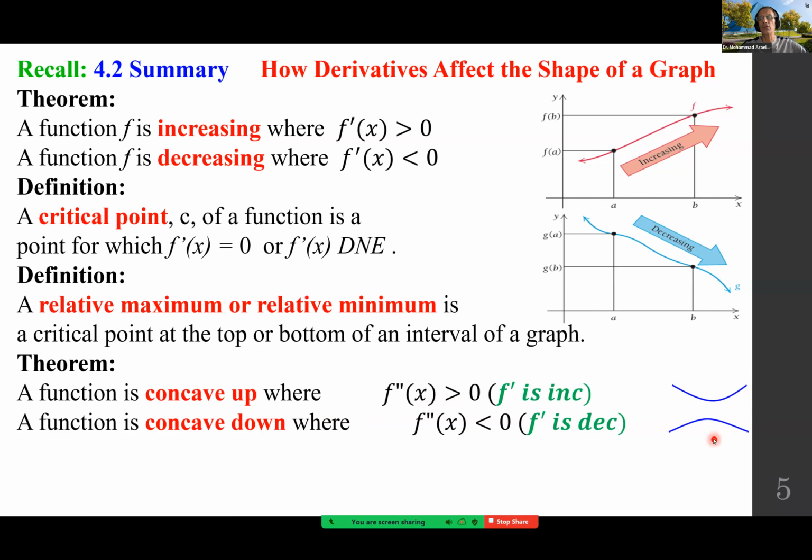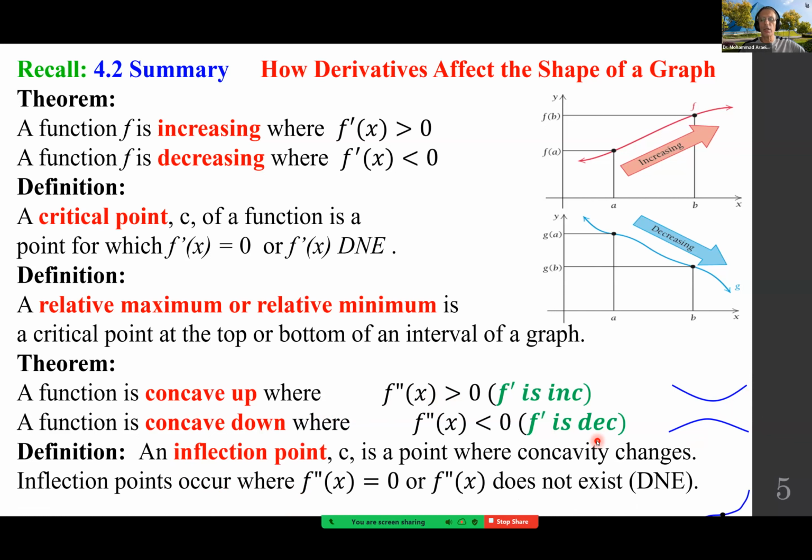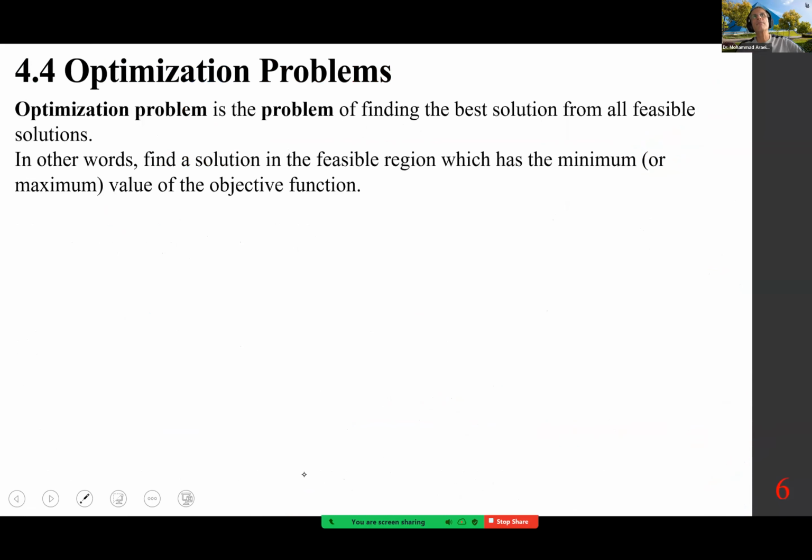Concave down cannot hold water, and f prime is decreasing. If the concavity changes from concave down to concave up or vice versa, that's the point of IP, short for inflection point. So this is the synopsis of what we have done, and now the new stuff, 4.4 optimization problems.